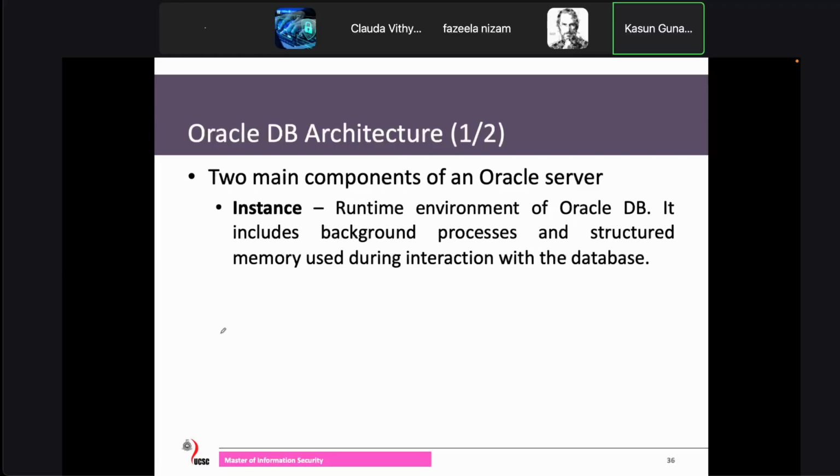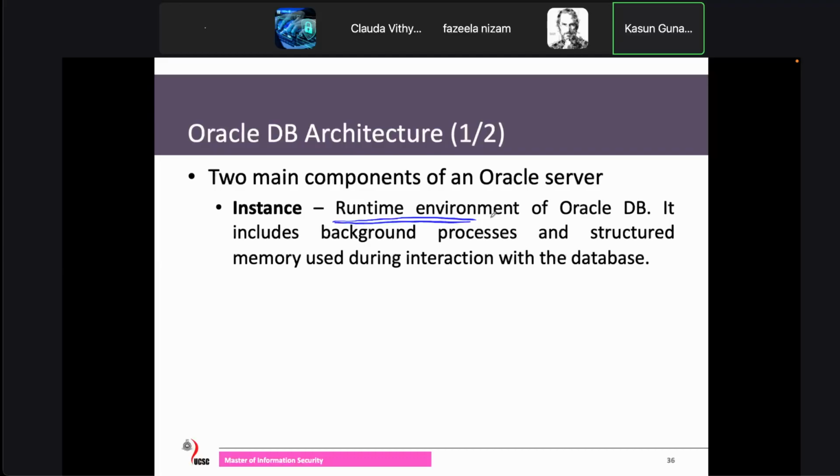And when it comes to Oracle database specifically, there are two main components in their main server. So the first one is called the database instance. So the database instance is basically the runtime environment of the database.